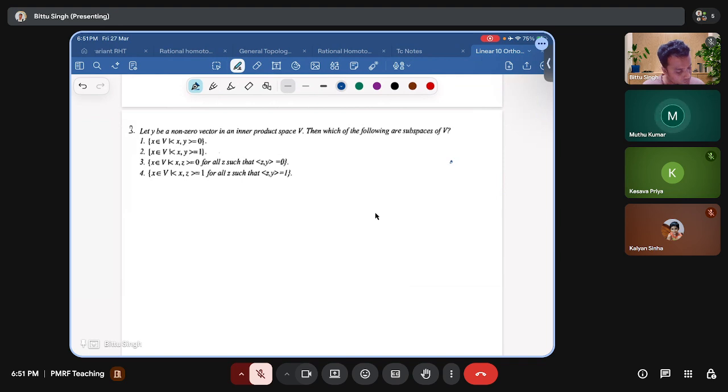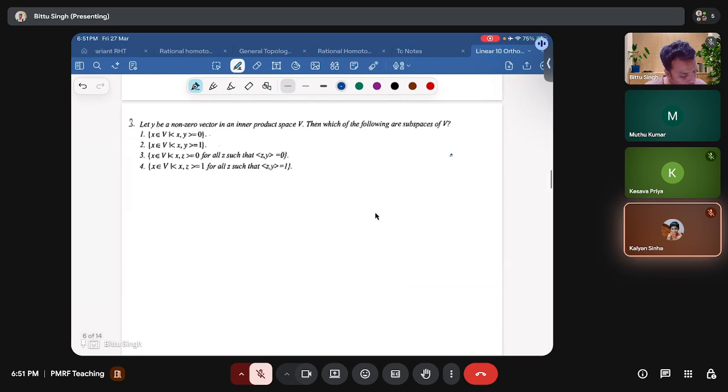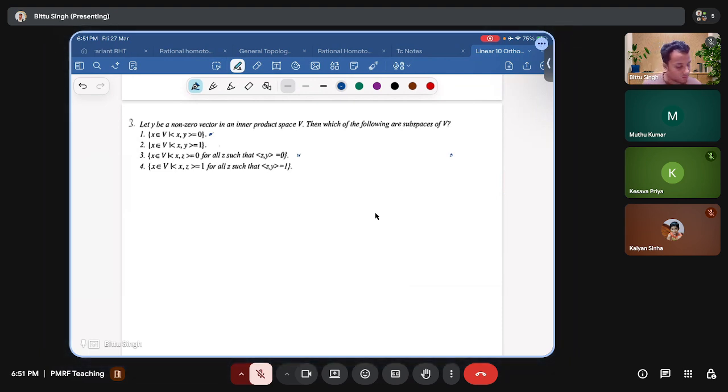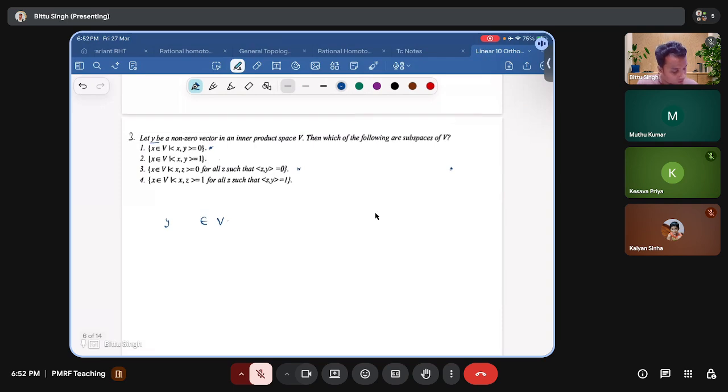So, 1 and 3, yes, you are saying 1 and 3. Okay, let us see. So y is a non-zero vector in V. Even if y is 0, there is no issue actually. If y is 0, there will be some issue with 2 and 3, but it is okay.